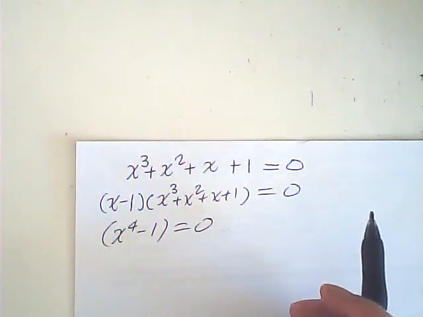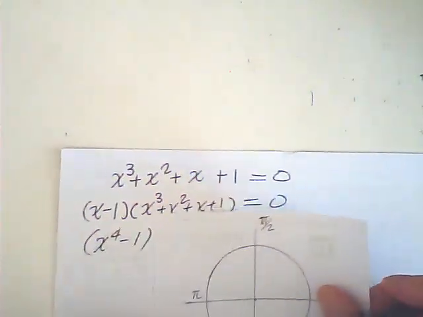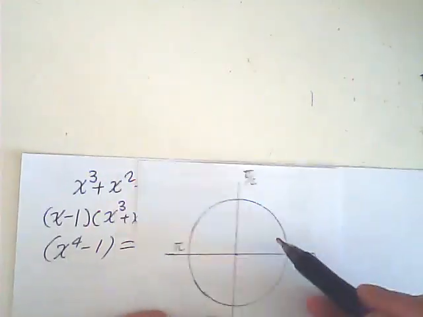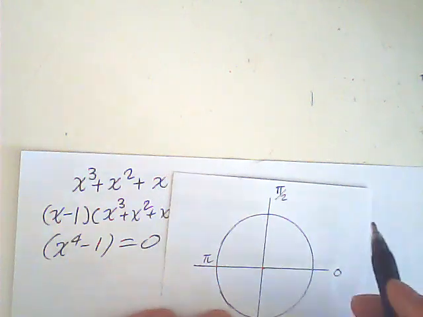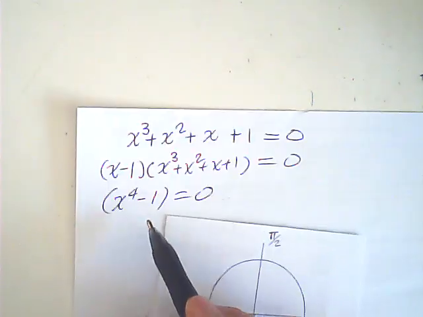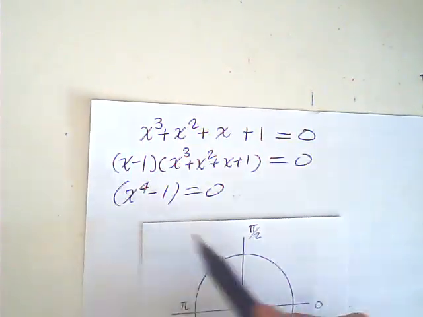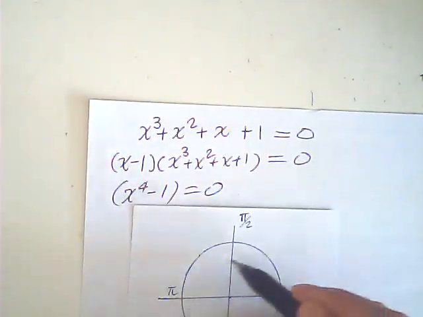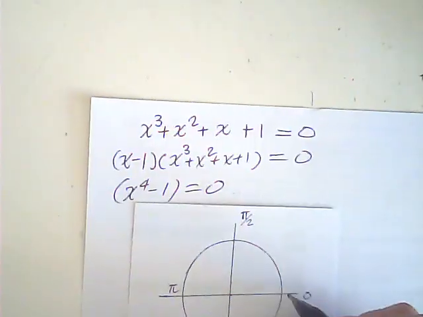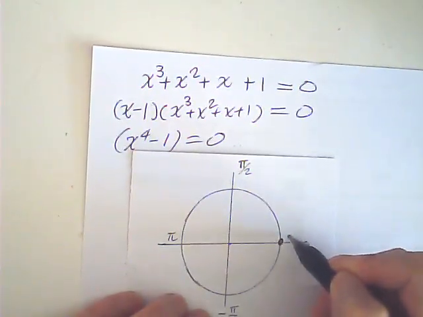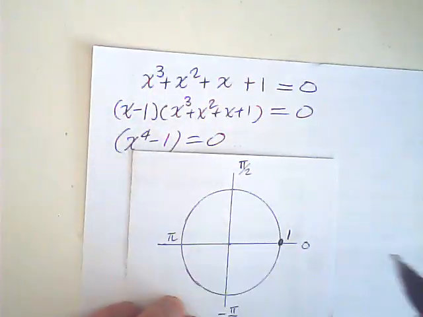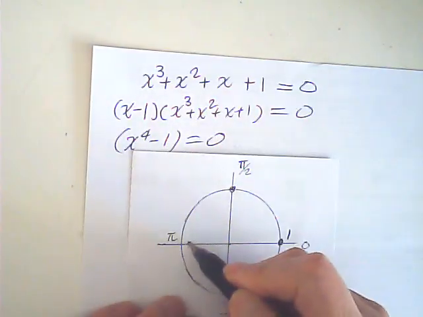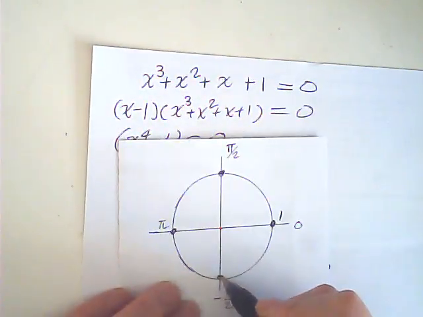And we use the unit circle. The unit circle is a circle of radius 1, and this equation has 4 roots on this unit circle, and one is here, 1, right? The other 3 are distributed evenly, here, and here, and here.